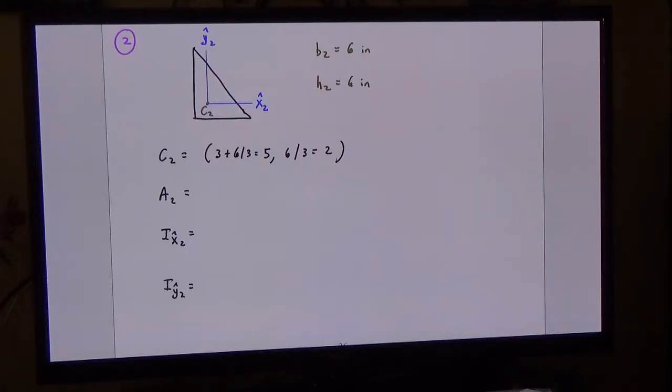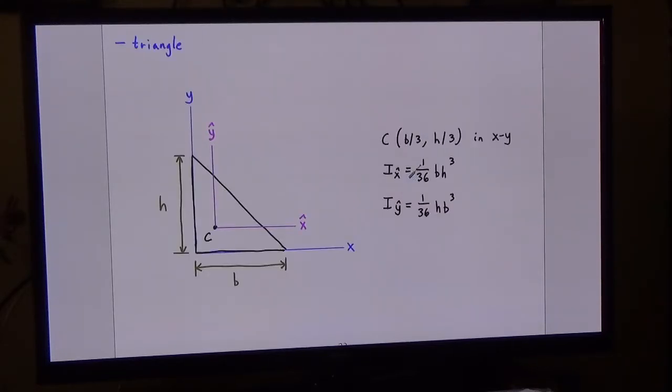My area of a triangle, 1/2 base times height, in this case will give me 18 inches squared. For I about x hat, I use my reference figure. I have 1 over 36 bh cubed.